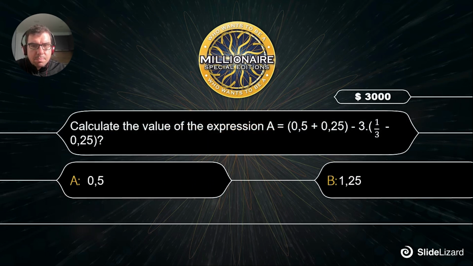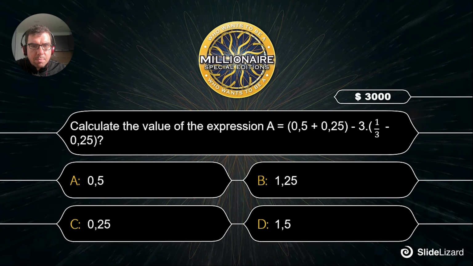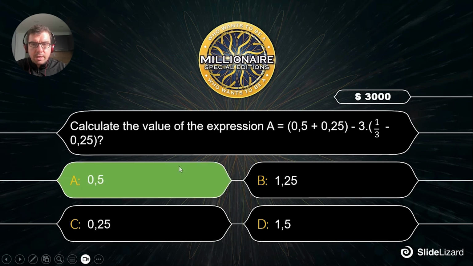Calculate the value of the expression a equals 0.5 plus 0.25 minus 3 times 1/3 minus 0.25. Okay, did you find a 0.5? That is correct.